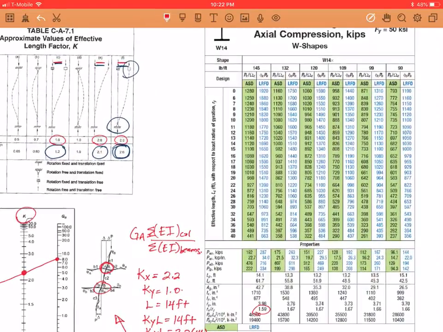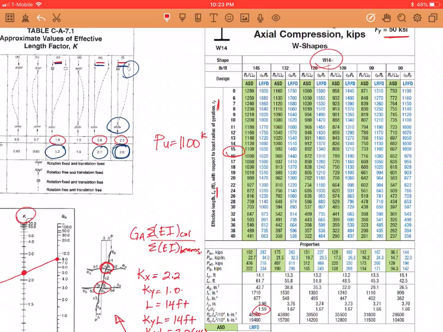All right, and then we might use this table here to talk about looking for a particular W shape, a W14 in particular, that is 50 ksi steel as shown up here. And let's say that the weak axis controlled, and that our KYL, in other words our LC with respect to RY, is equal to 15, and that our PU was equal to 1100 kips.